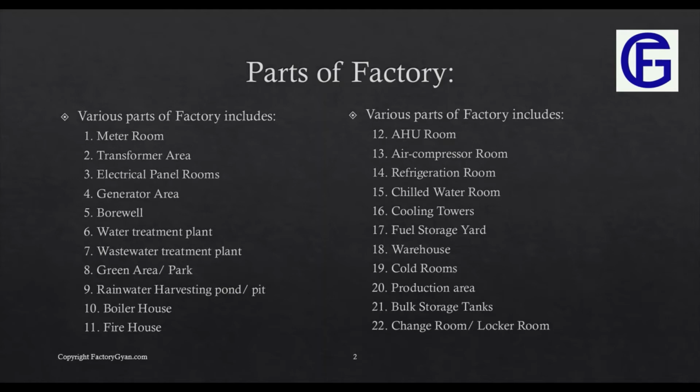In food manufacturing, it can be edible oil. In cold drink manufacturing, it can be carbon dioxide stored in liquid form, and that tank is called a CO2 bullet because it is a horizontal storage tank. It can also be a vertical storage tank. So those bulk storage tanks are an important component of many factories.